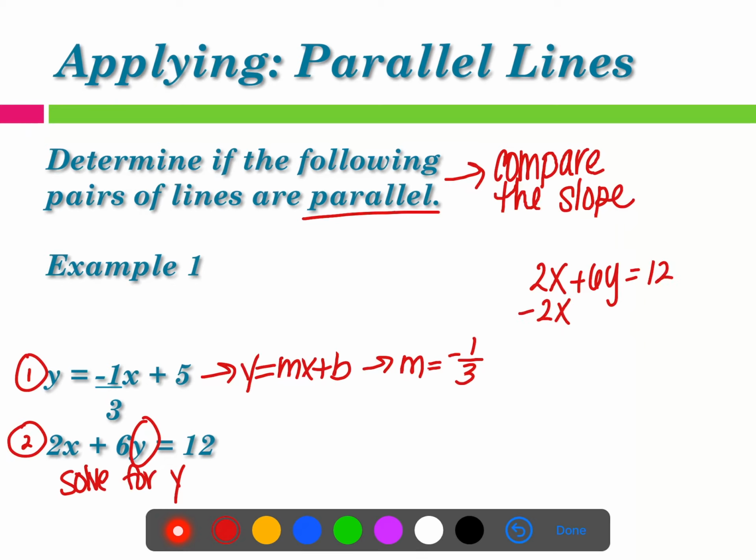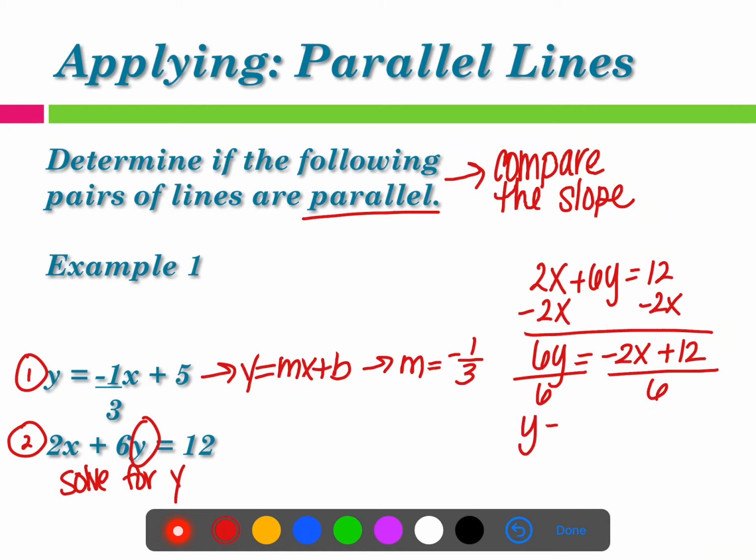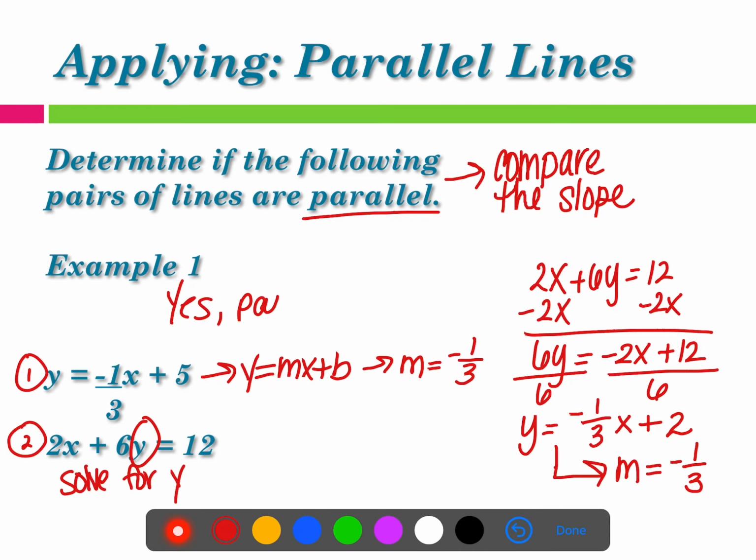We move the x and we divide. So comparing the slopes, the slope of this line is also -1/3. That means yes, these are parallel.